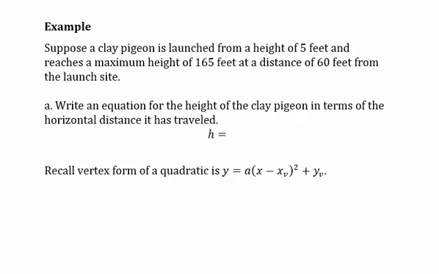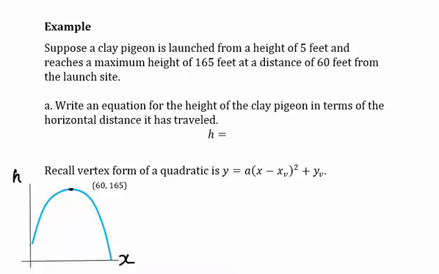Okay, in this case, we are given essentially the coordinates of the vertex, as the path of the clay pigeon would look something like this, where the vertex is located at the point (60, 165).